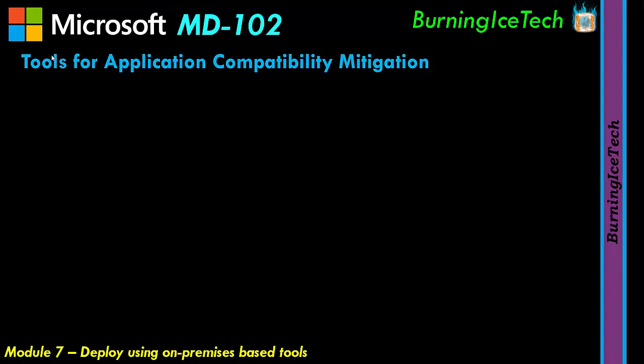So the first one on this list, there's going to be four guys, is Application Compatibility Toolkit. So this is a set of tools used during the inventory, analyze, and mitigate phases of the application compatibility testing process. The Application Compatibility Toolkit consists of several features, folks, including a database of known application issues and mitigations for those issues.